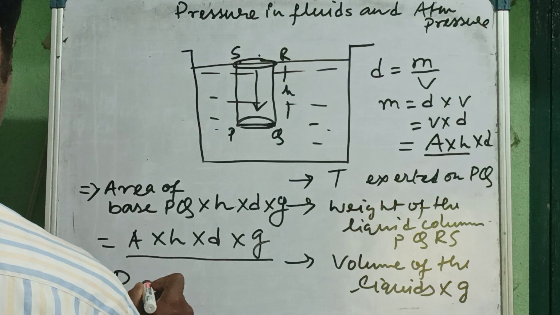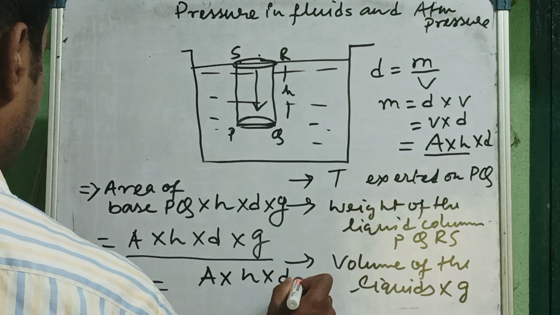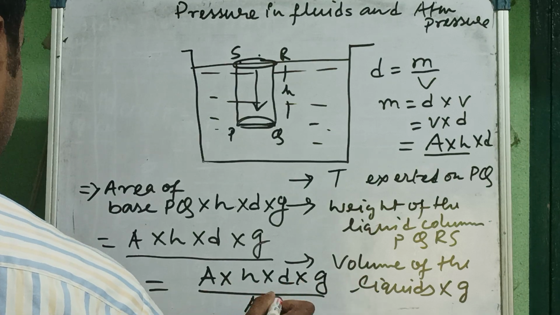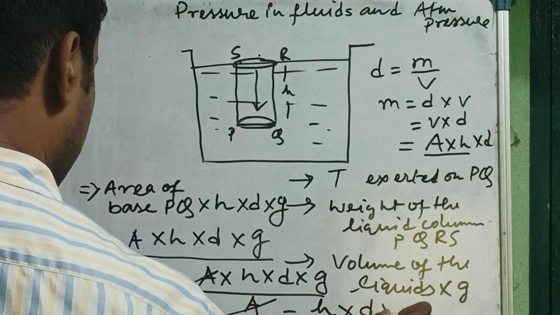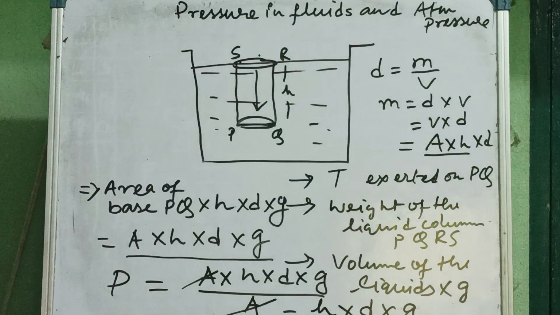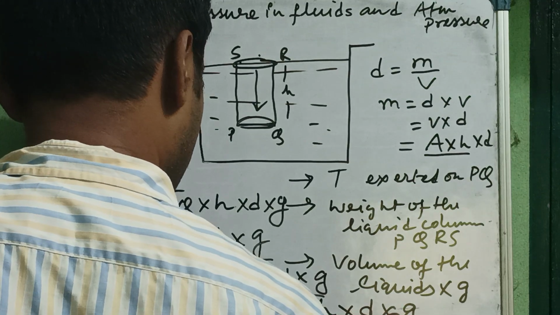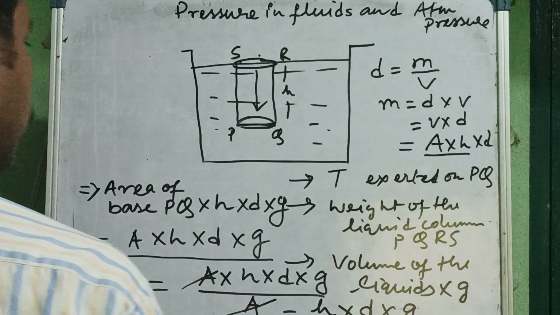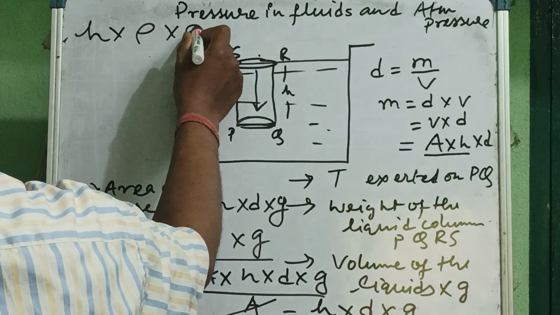So pressure equals A into h into d into g divided by area. The area cancels. The formula is h into d into g. Now d is taken as rho, so h into rho into g.